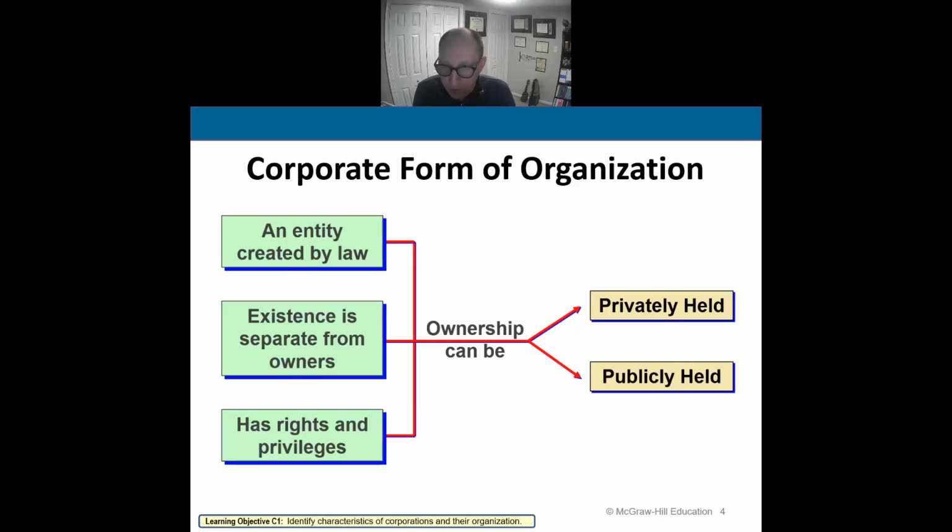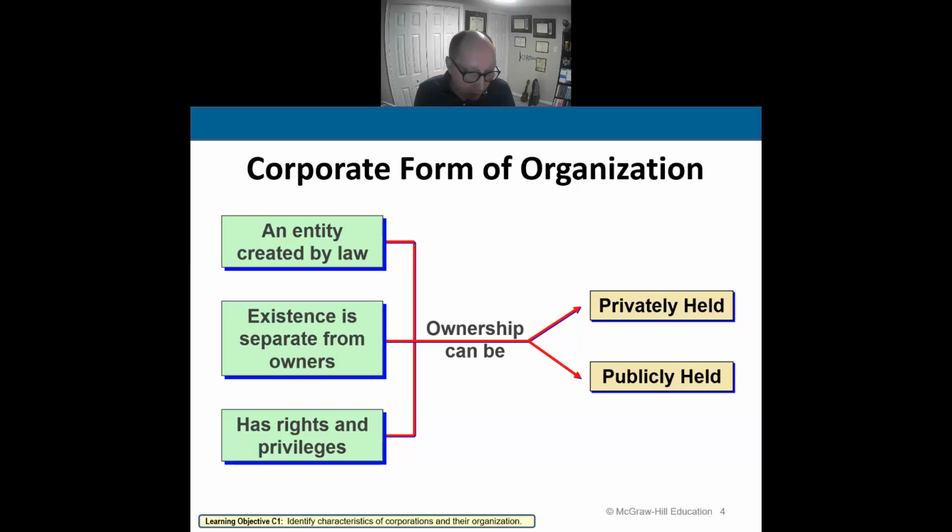Publicly held corporations are publicly traded, meaning you can go onto a stock brokerage account like TD Ameritrade, or whatever, right? One of those stock brokerage accounts, or you can even just buy it right on the market.